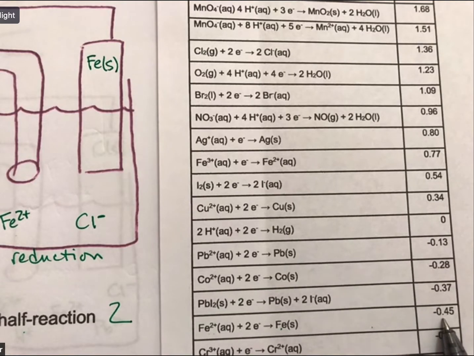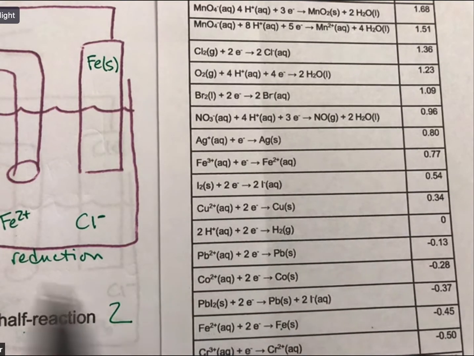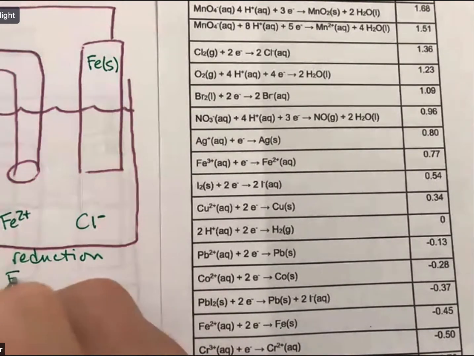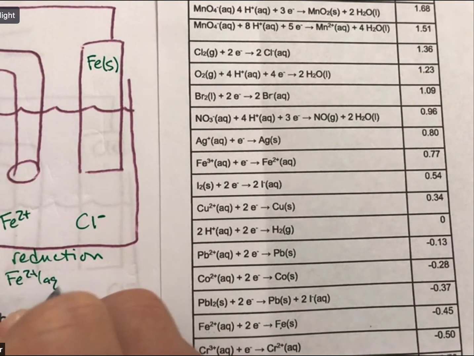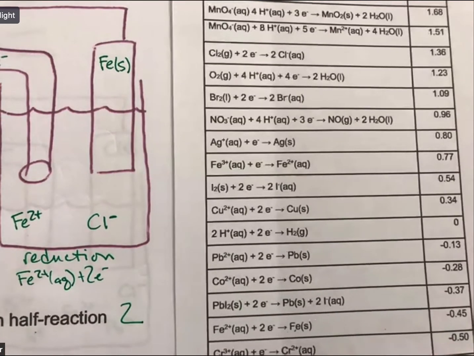It's negative 0.45 volts. That's not that good, but it will still be a voltaic cell. Let me explain that part now. We're going to do the Fe2+ plus 2 electrons goes to Fe solid.